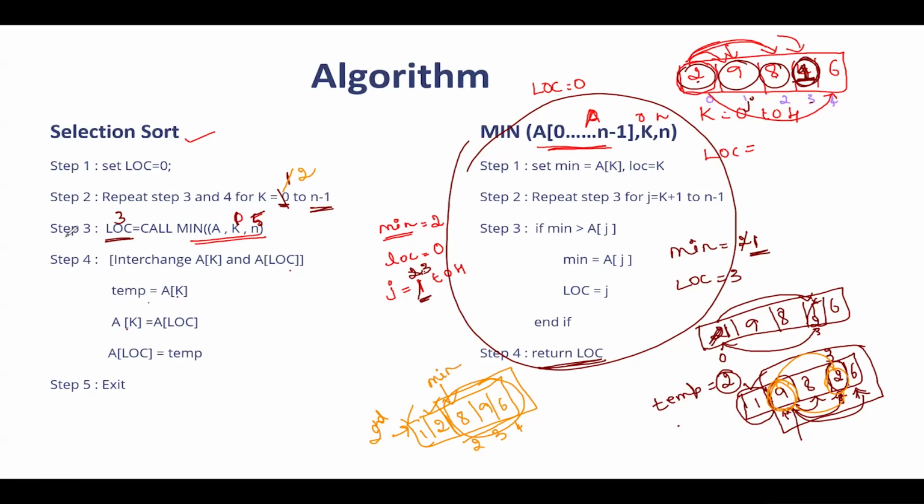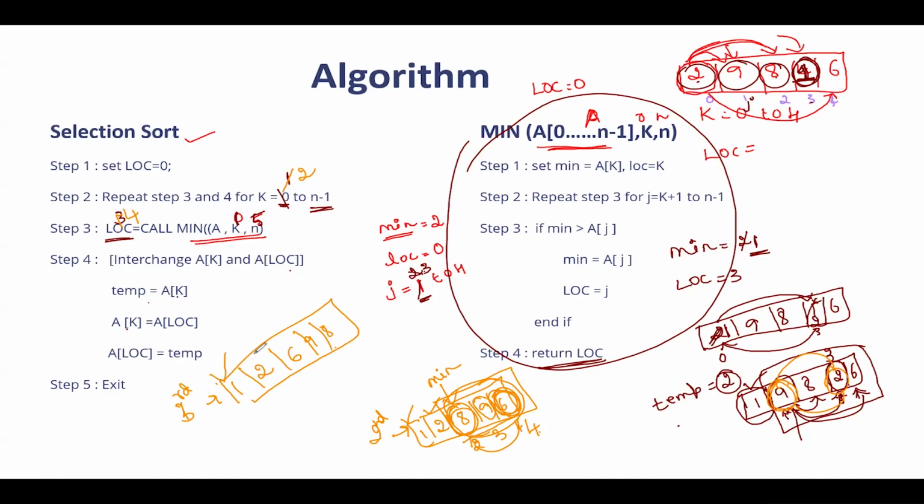I'll compare 8 and 9, but 8 is still the minimum. Next, I will compare 8 and 6, and 6 is the minimum value. Hence, we are going to send position 4 as the location. Now, we are going to exchange a of k and a of 4, which means after the third iteration of the while loop, we will have 1, 2, 6, 9, and 8 in our array.